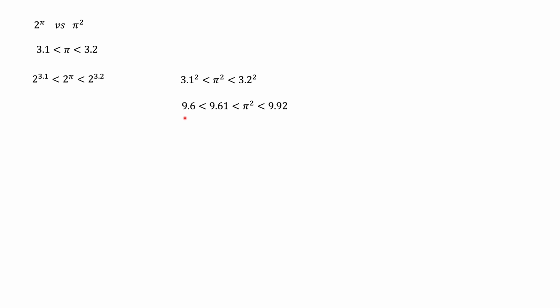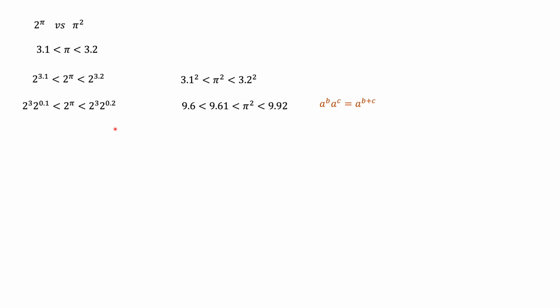The next thing we're going to do, we're going to look at what we have here. And what we have here is we can split 3.1 as 3 plus 0.1. And then we're going to split it like this, because we can use a formula like this. A to the power of b times a to the power of c equals a to the power of b plus c. It's a property of exponential functions.